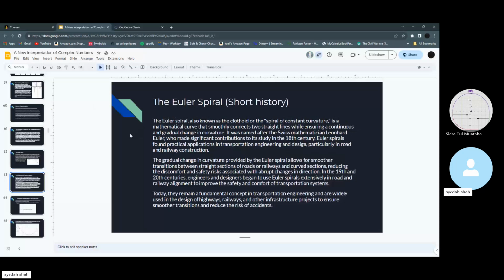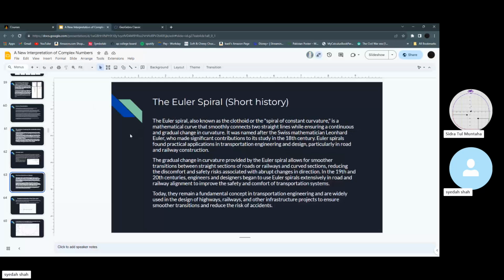Euler spirals found practical applications in transportation, engineering, and design, particularly in road and railway construction. The gradual change in curvature provided by the Euler spiral allows for smoother transitions between straight sections of road or railways and curved sections, reducing the discomfort and safety risks associated with abrupt changes in direction.